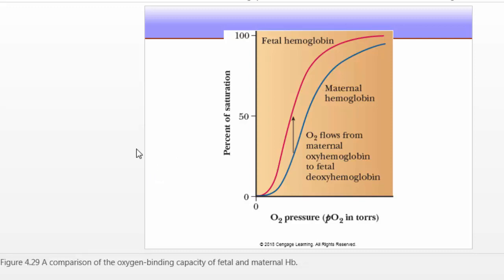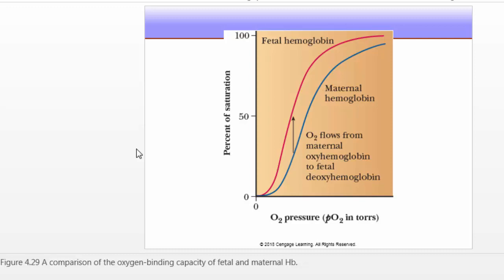Now, two features of fetal hemoglobin contribute to this higher oxygen binding capacity. One is the presence of two different polypeptide chains. The subunit structure of hemoglobin F is alpha 2 gamma 2, where the beta chains of adult hemoglobin have been replaced by the gamma chains, which are similar but not identical.